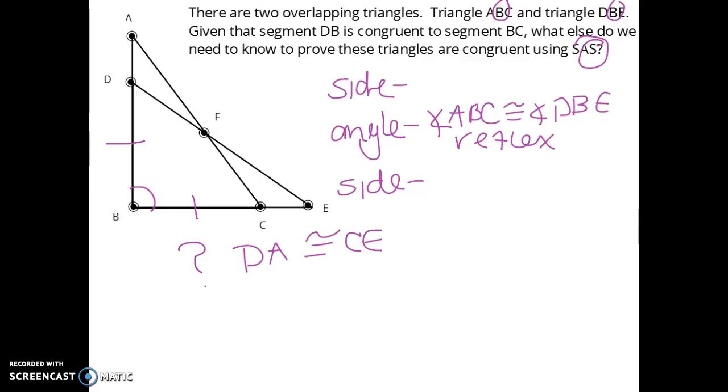We also know that angle B is congruent to itself by the reflexive property. So what else do we need to know in order to prove that these triangles are congruent? Well, we'll also need to know that CE is congruent to AD. So we need someone to tell us that DA and CE are congruent to one another.